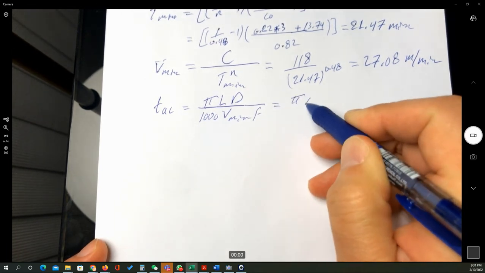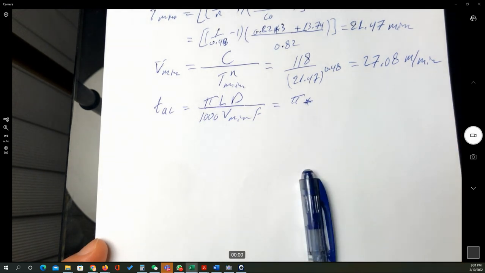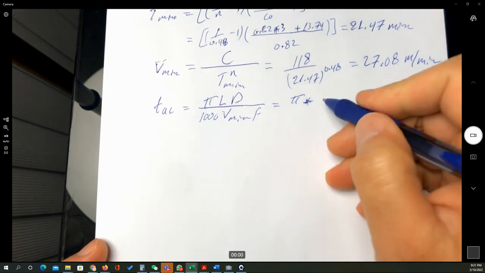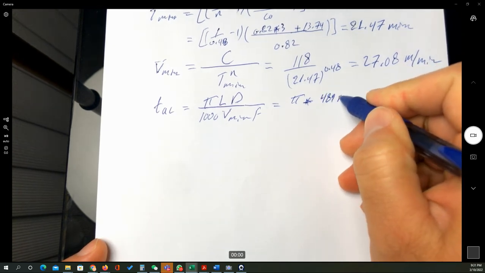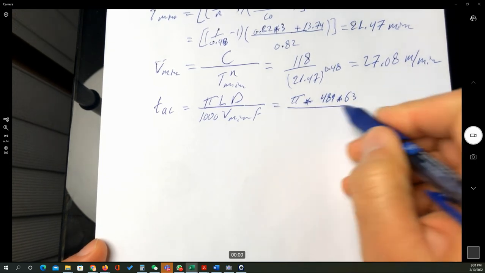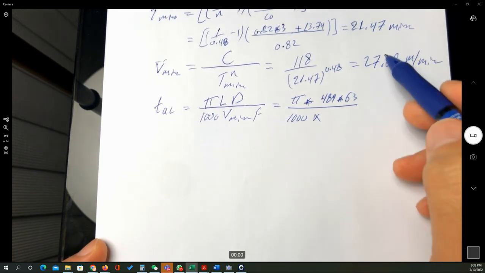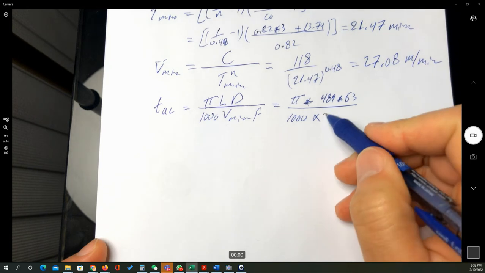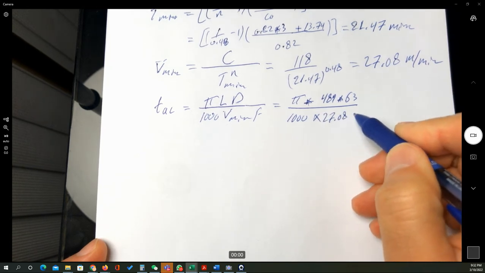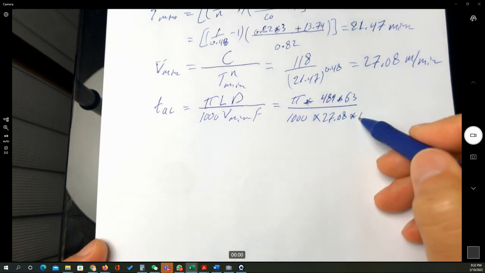So pi multiplied by the length, which was 489, multiplied by the diameter, which is 63 millimeters, divided by 1000, multiplied by the V minimum, 27.08, multiplied by the feed rate, which was 1.34.